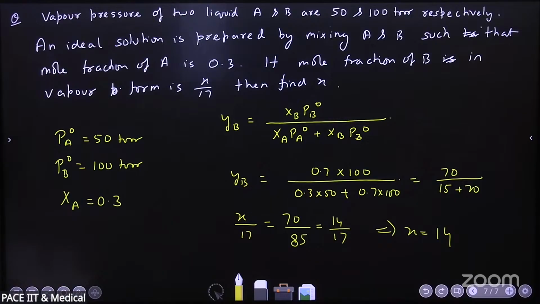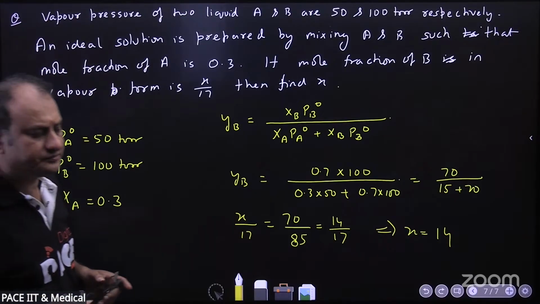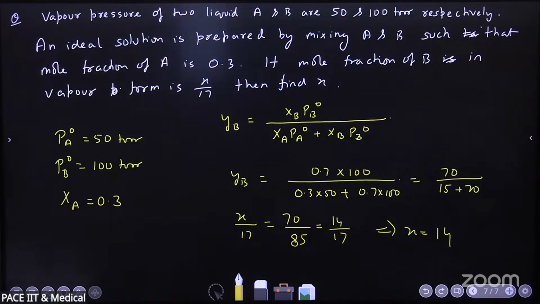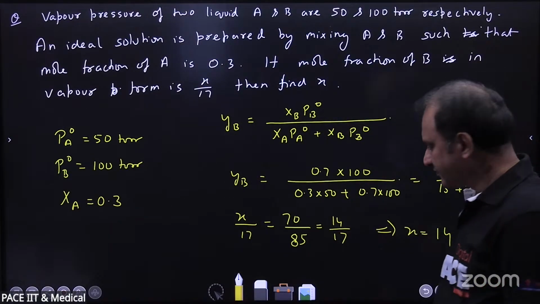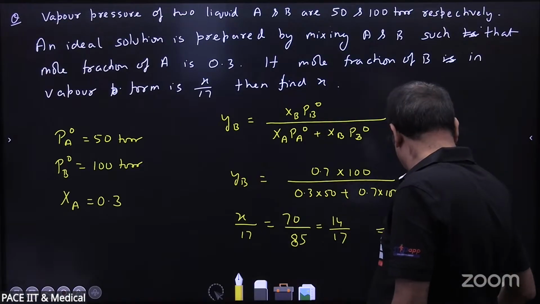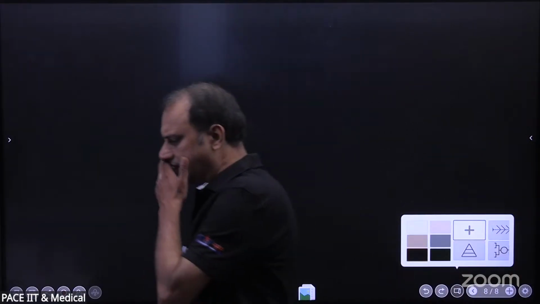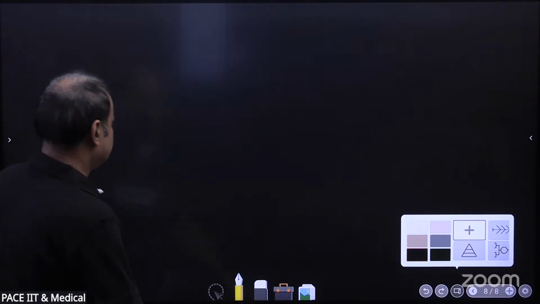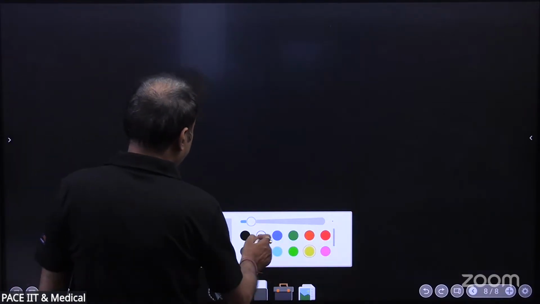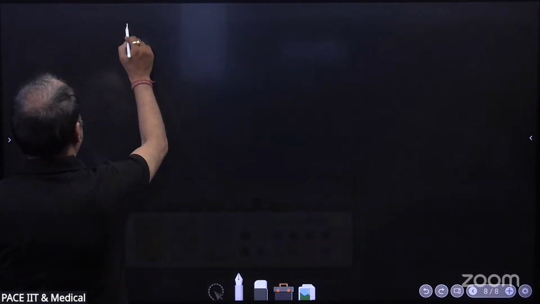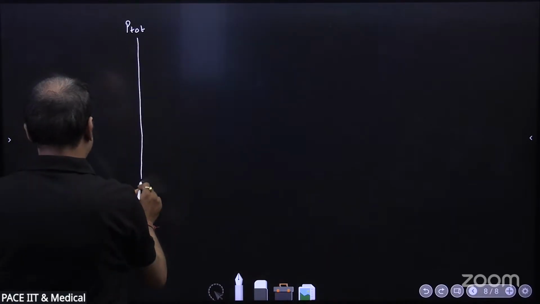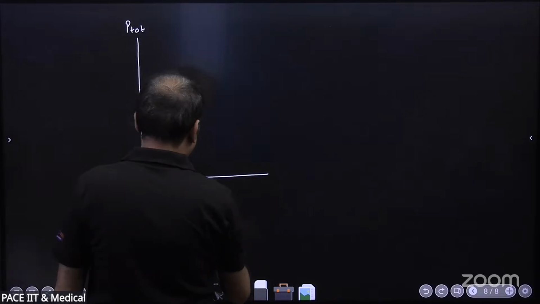Okay. Sure. So I think these type of problems are clear. Now, the next thing we can do in these ideal solutions, we generally discuss regarding if we make a graph, we try to make a graph of P total versus XA graph.